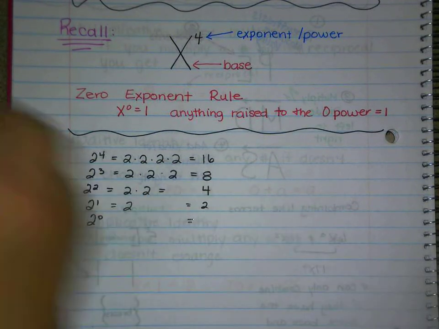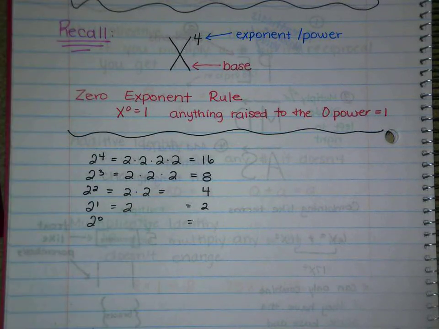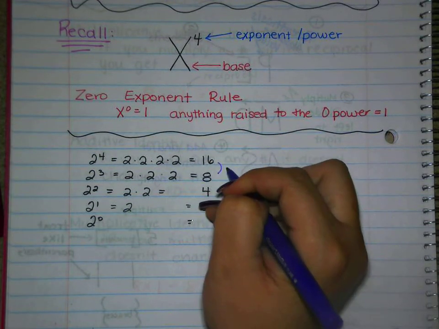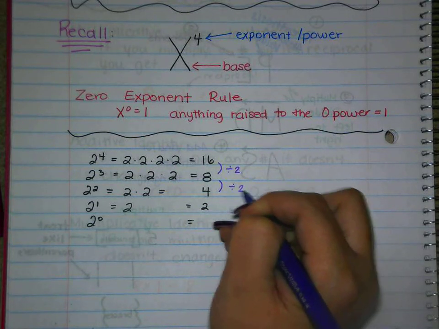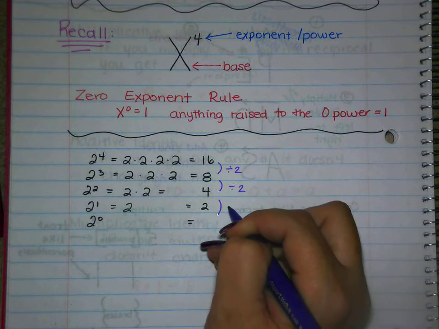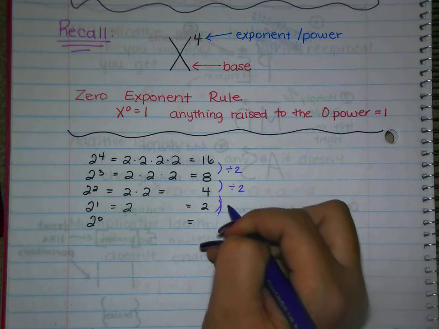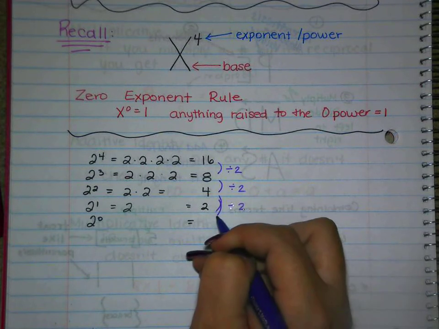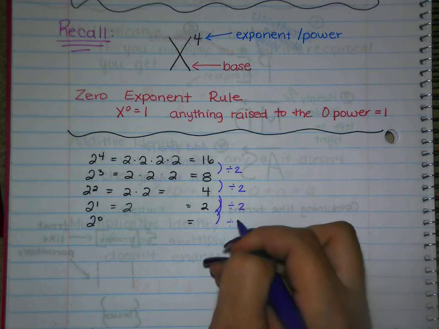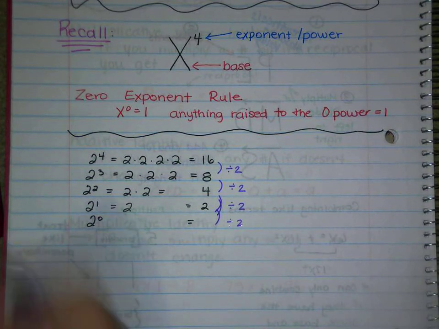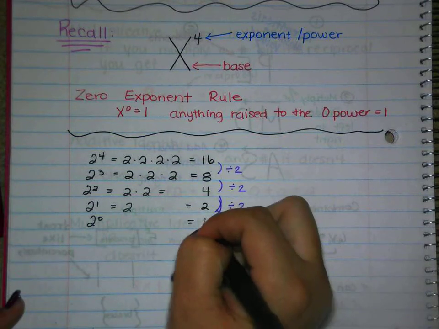We're going to look at the relationship between the things that just happened. Remember we talked about this? We divided by 2 when we went down, and then we divided by 2 when we went down again. And so in order to go from this one here, we're going to need to divide by 2 again, and 2 divided by 2 is just going to be 1.